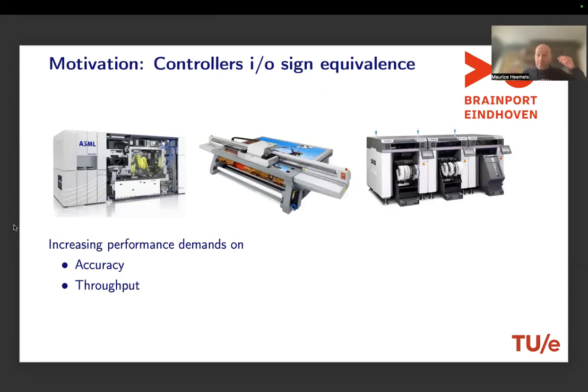The main motivation that was driving us, say 5, 6, 7 years ago, to start investigating the use of projections in control systems came from a lot of high-tech systems that are very active around Eindhoven, the Brainport Eindhoven region. Think about the ASML wafer scanners.